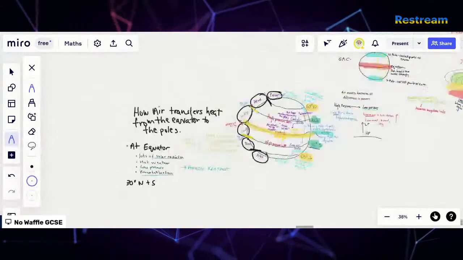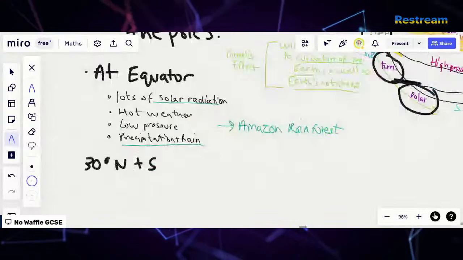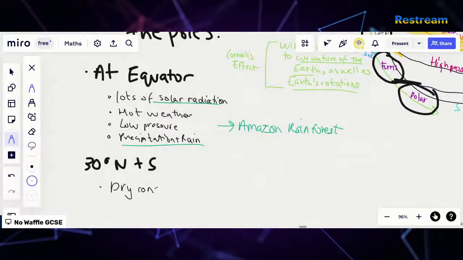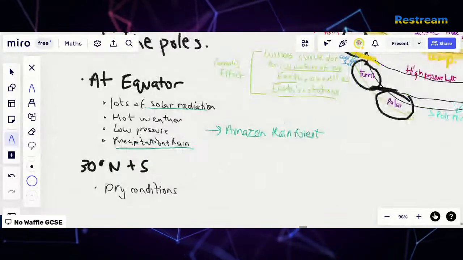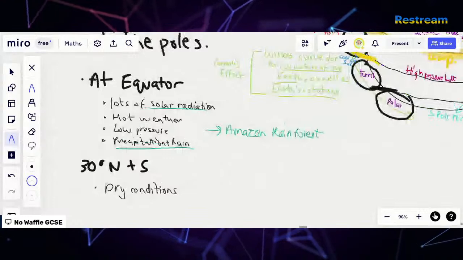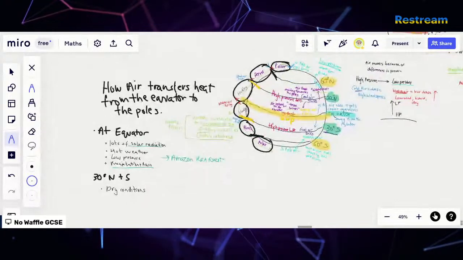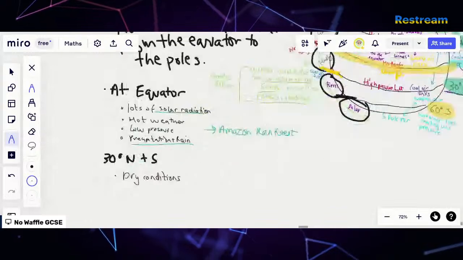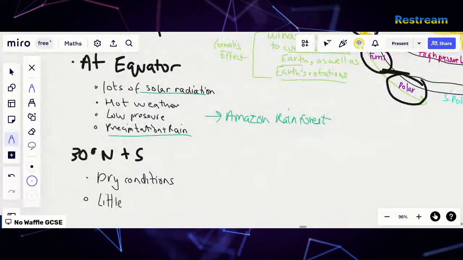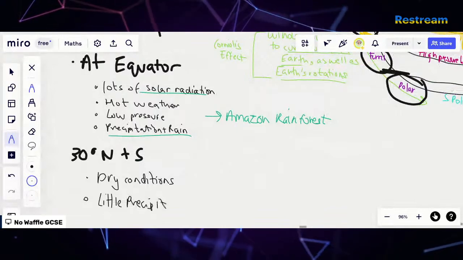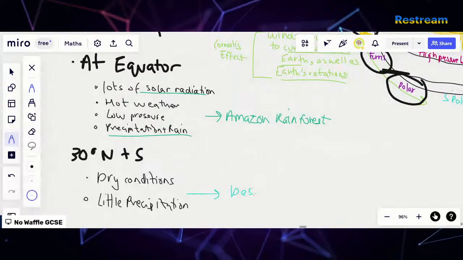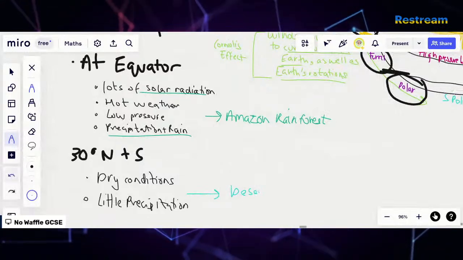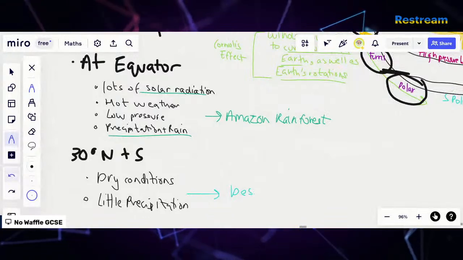Oh no, sorry, I was reading the wrong one. 30 degrees north and south is when there's quite dry conditions. Because remember, the heat is hottest at the equator, and then slowly it gradually gets cooler and cooler, but it's still relatively close to the equator, so there's little precipitation and quite dry conditions, and that's why we get deserts at this latitude.